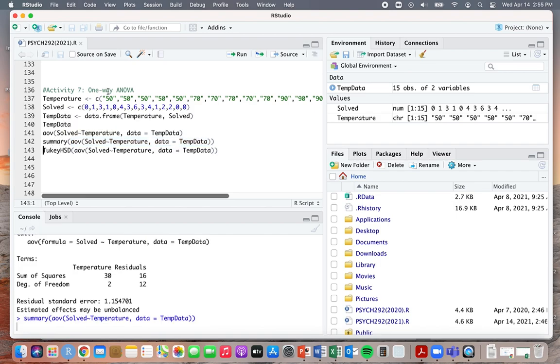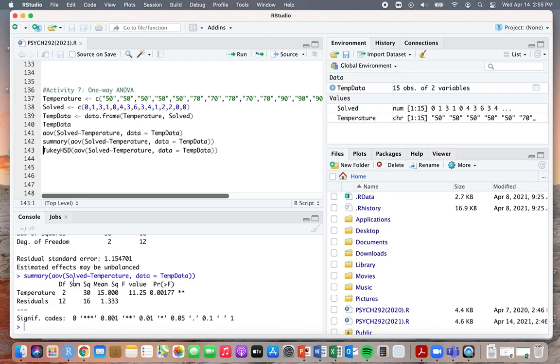If we execute this code, we get exactly what we're looking for, which is the ANOVA table. Temperature, that's our between subjects effect. That's the thing we're interested in. Residuals, that's the within subjects error.